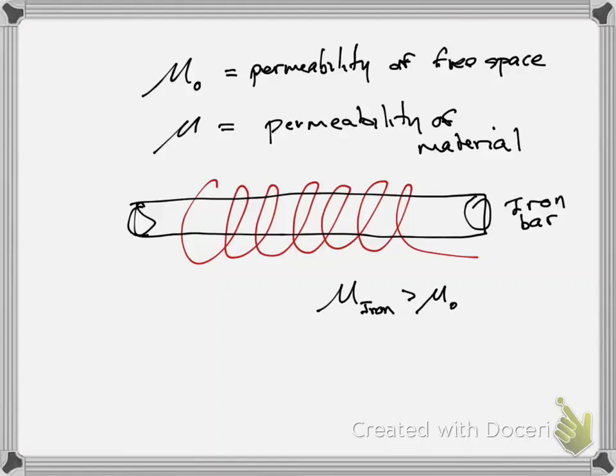You might wonder how that's useful if we want to use this as a magnet, because we're talking about the magnetic field inside the solenoid. Well, actually, the iron bar is now our magnet.